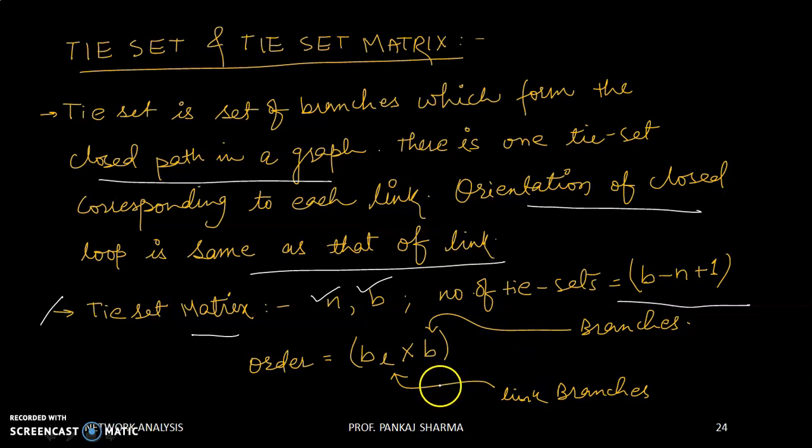This is all about this video, the tieset matrix. The formation of the tieset matrix is very easy once you know the definition of its elements. For my students, I am going to provide notes of this tieset matrix with just one example.